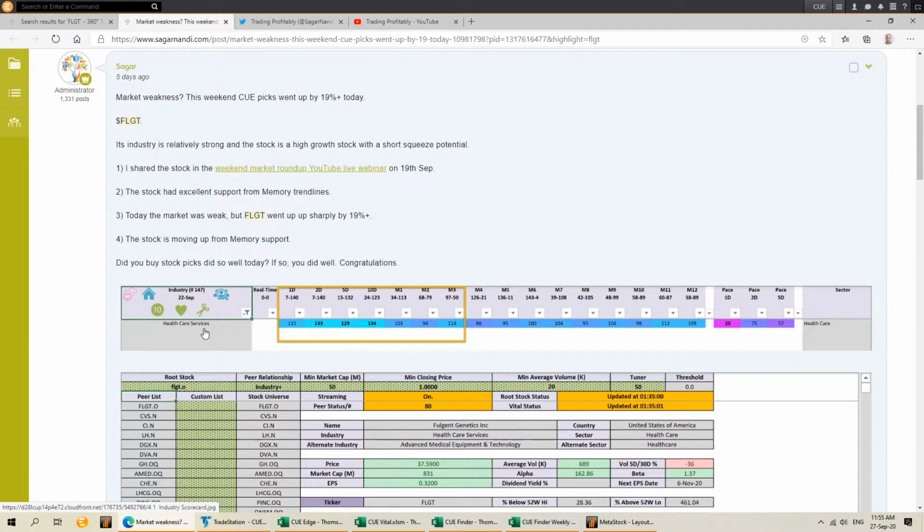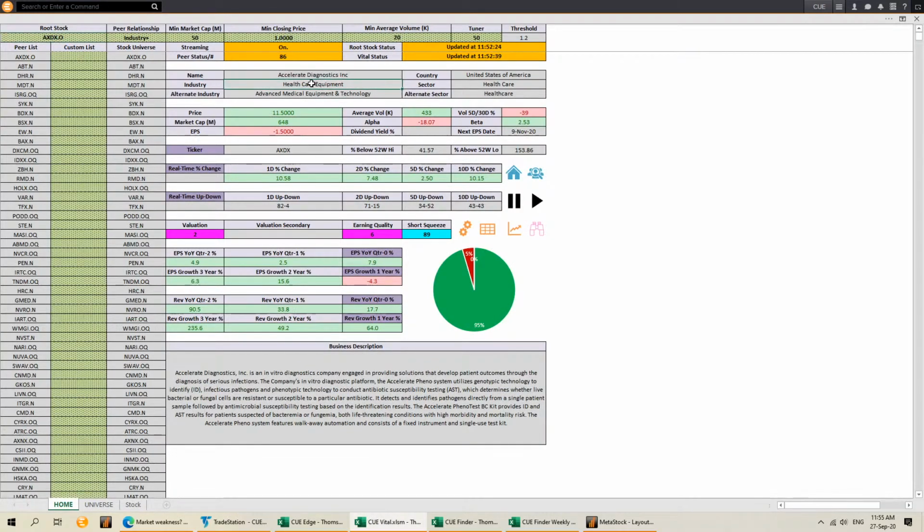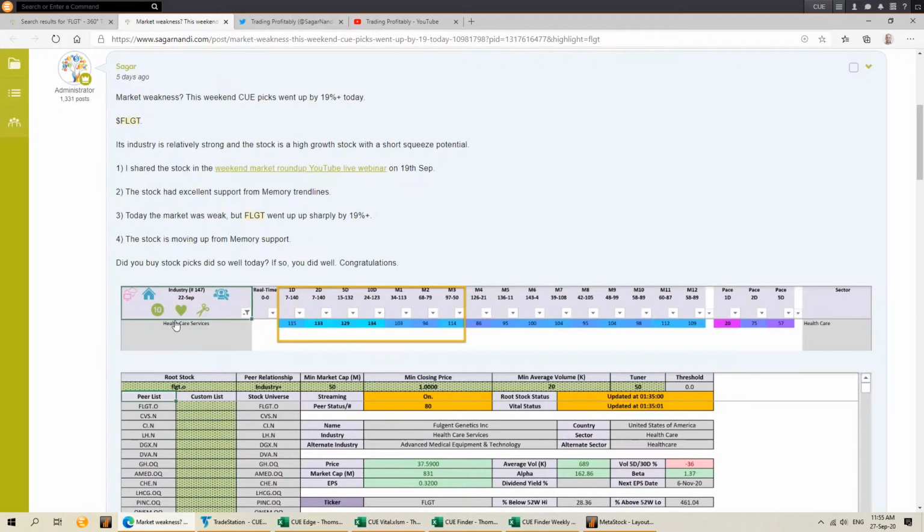Healthcare services. So just now we looked at a stock in healthcare equipment, and I knew these or related industries were strong because I traded FLGT in a healthcare services related industry, and I made a good profit from it.